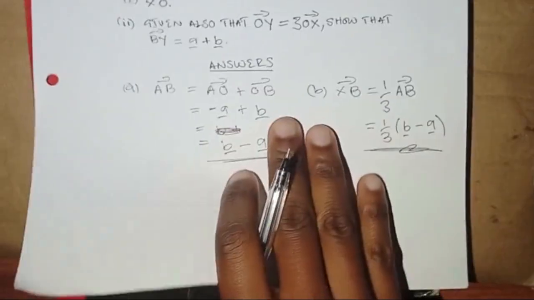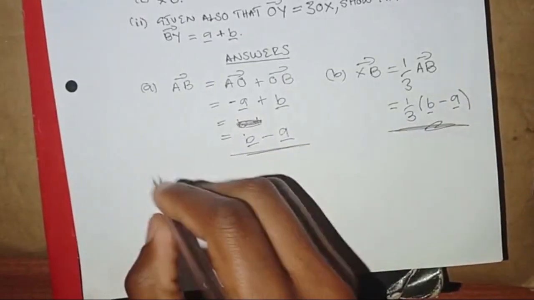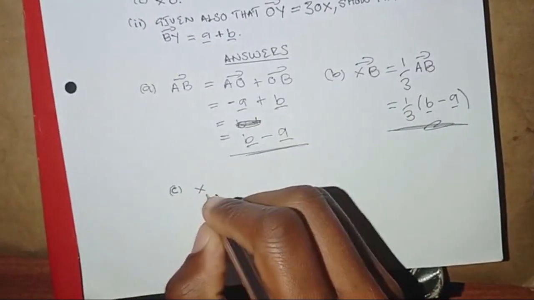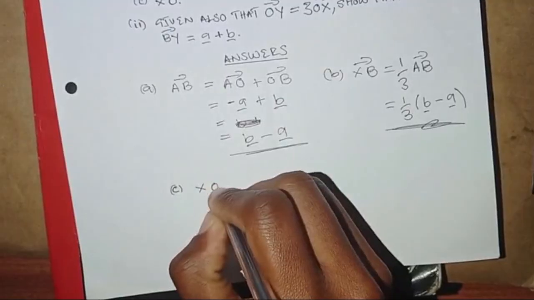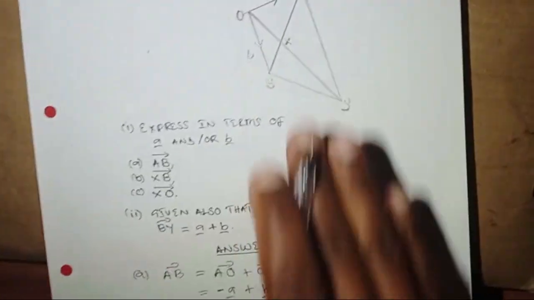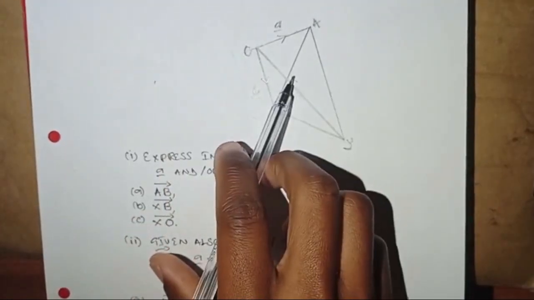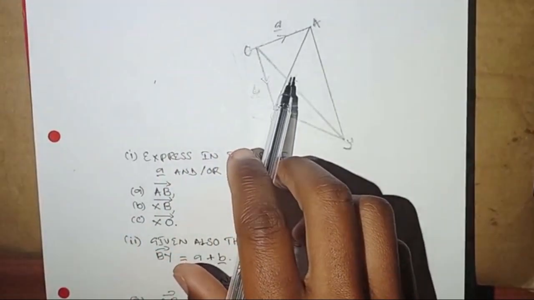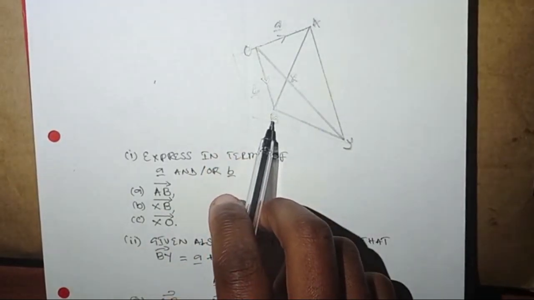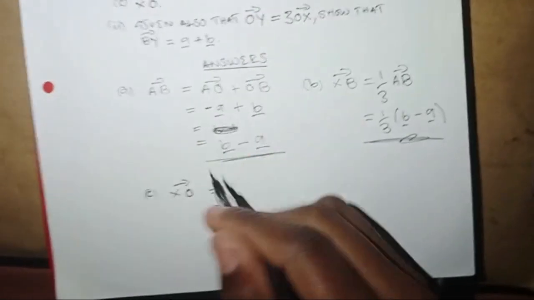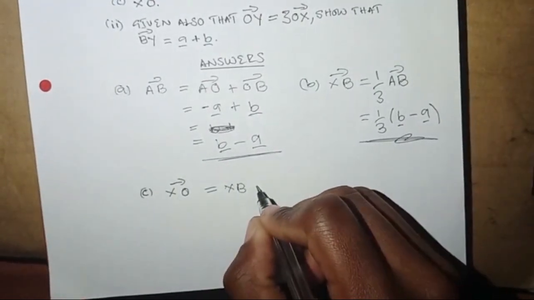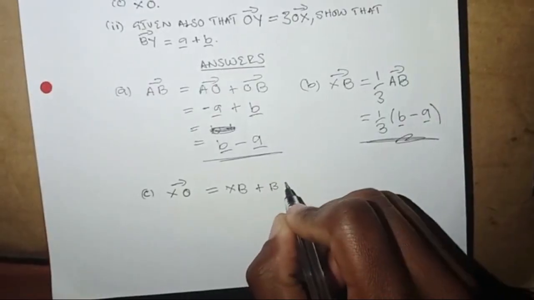Let us move on to C. What is C saying? XO. So vector XO, from X to O, we can say XO is equal to XB plus BO. So we're going to say XB plus BO.